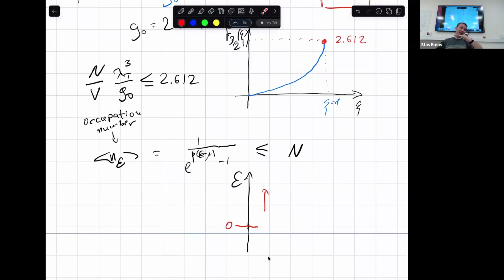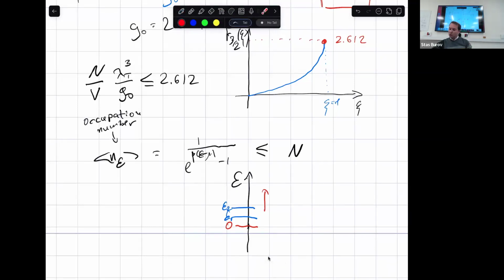You can say, well, yes, some of the particles are going to sit at the lowest level, and a little bit more particles are going to sit on some additional level, like epsilon 1 over here, and others at epsilon 2, et cetera, et cetera. So we'll have a spread, everything's fine.